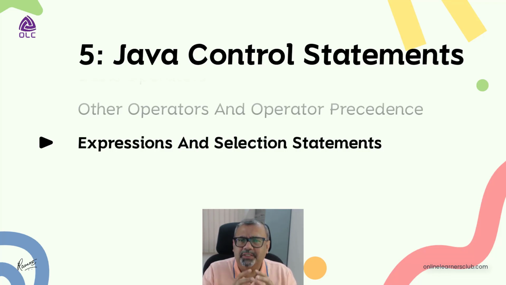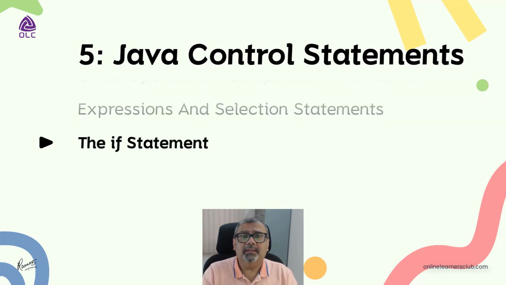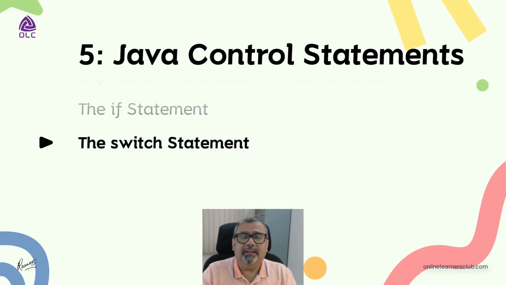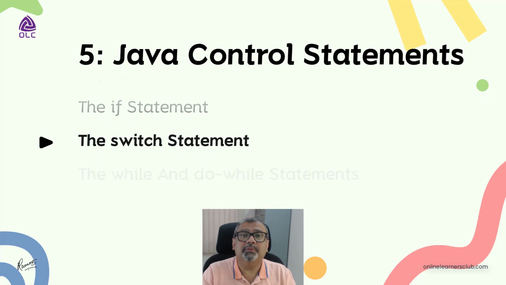What are expressions? What are selection statements? It is very important to understand these concepts. We'll look at one of the most commonly used statements, the if statement in Java. And then we'll also discuss the switch statement, which is another control statement.